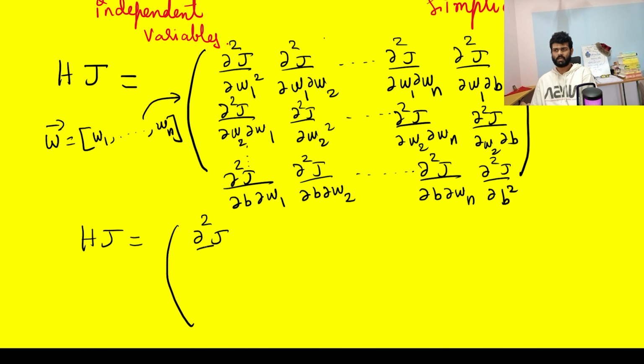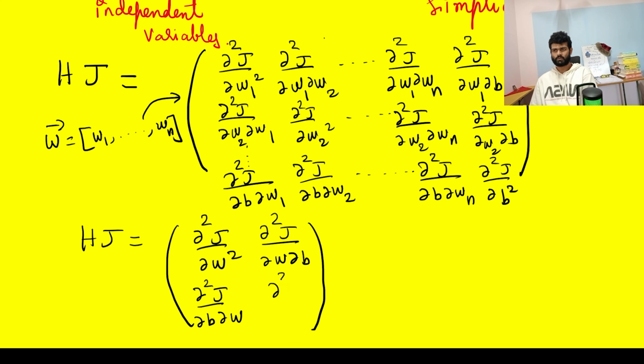∂²J/∂w², just the first term, and then ∂²J/∂w∂b, and then ∂²J/∂b∂w, and then ∂²J/∂b². So this is for the case of a single w.